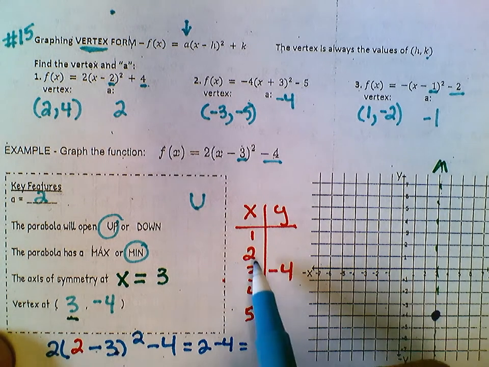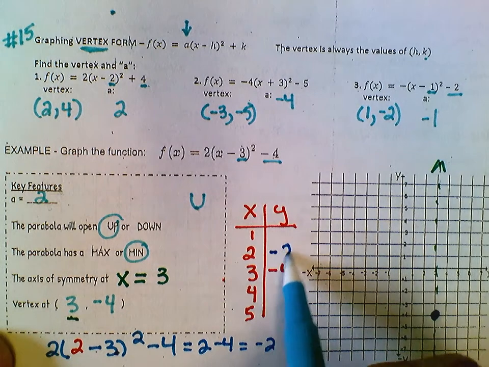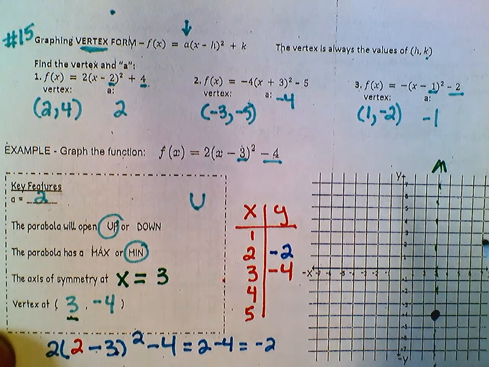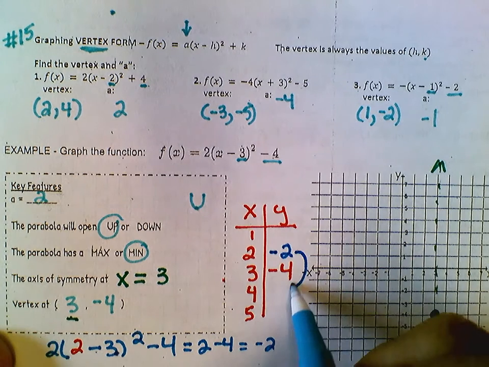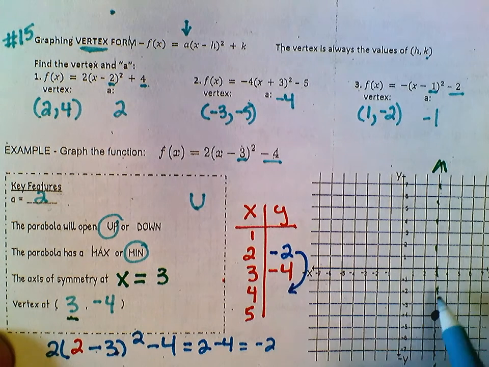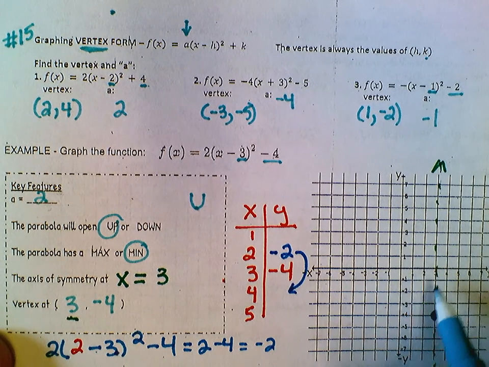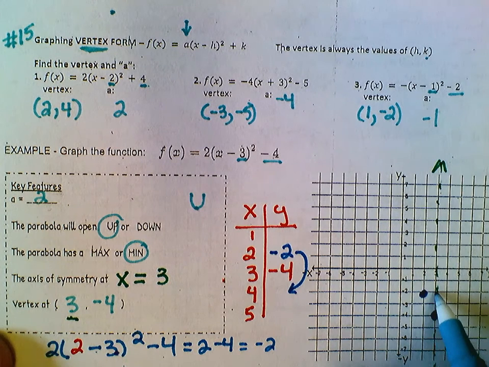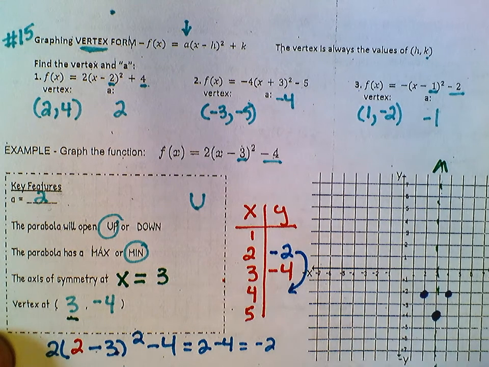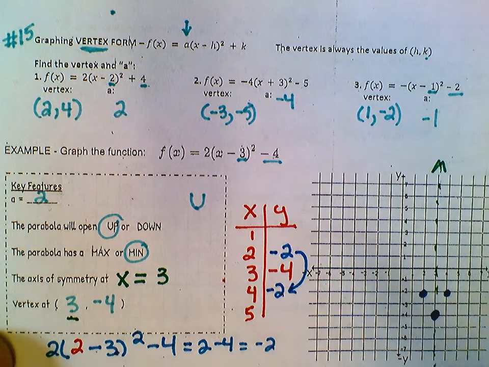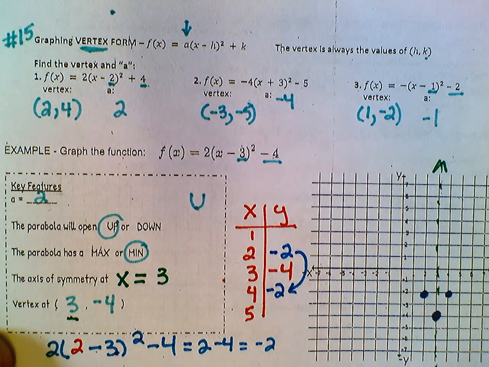So when I substituted 2, I got -2 for my Y value. What I like about that is that I can use my axis of symmetry. So if I graph 2, -2, one space on the opposite side of the axis of symmetry gives me another point.